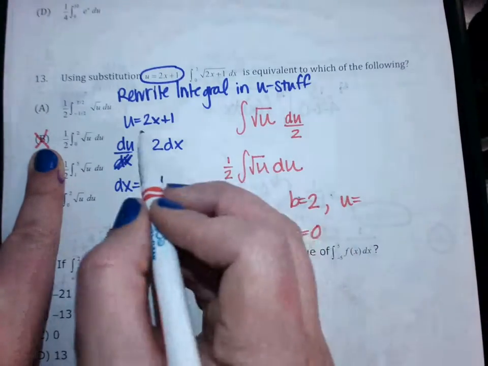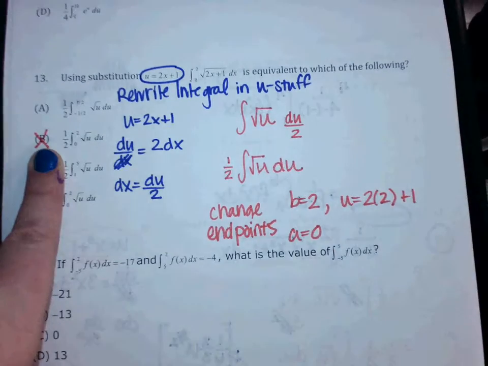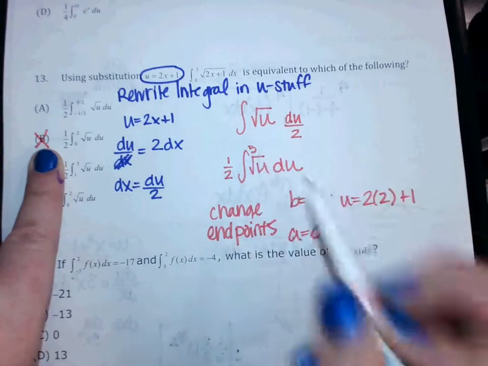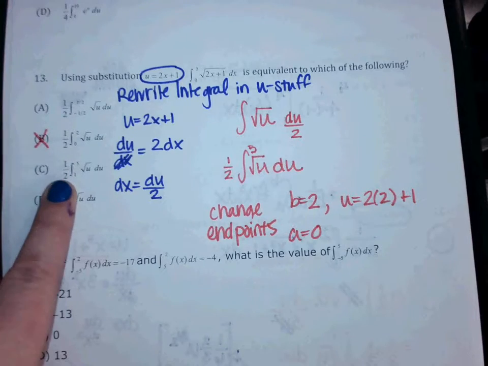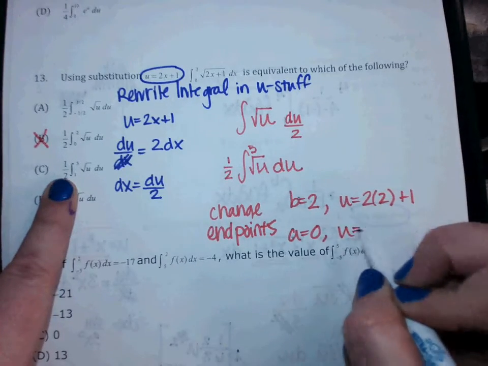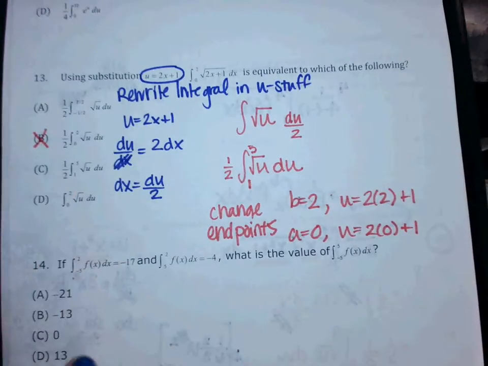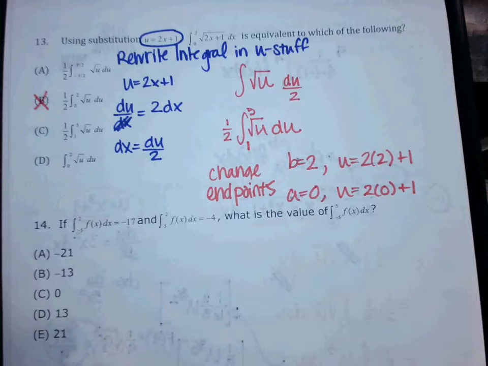And if it's 2x plus 1, that's 2 times 2 plus 1, which is what? 5 on top. And then I'm plugging in 0 on bottom. That'd be 2 times 0 plus 1, which is 1. So the integral should have been 1/2 integral 1 to 5 square root u, which is which answer? C.